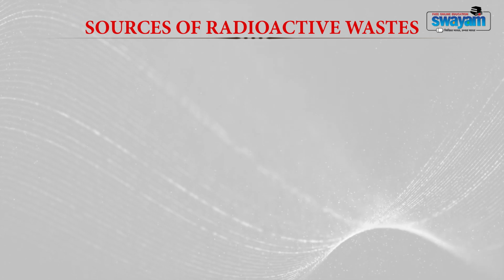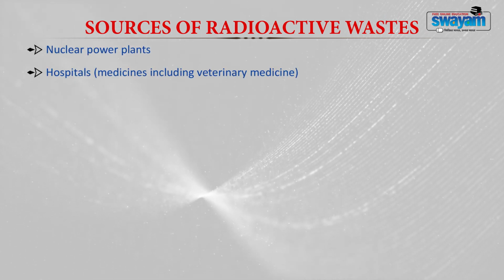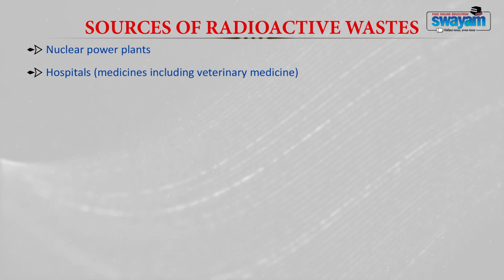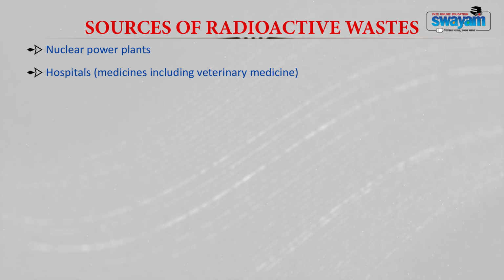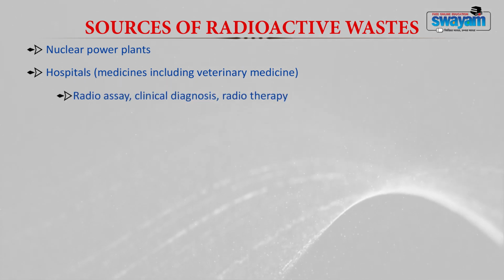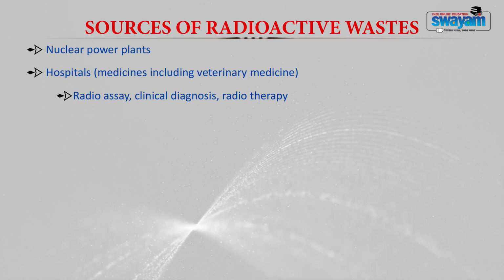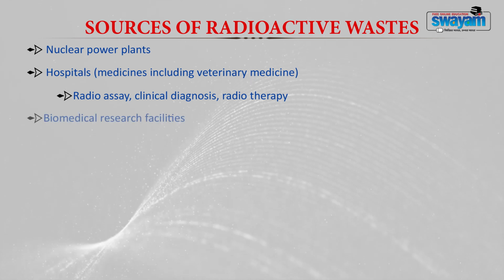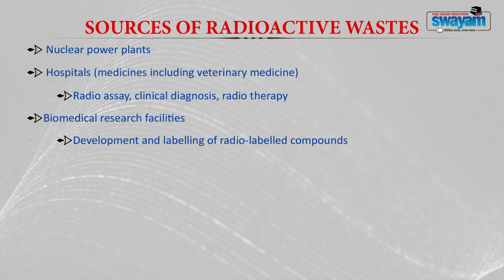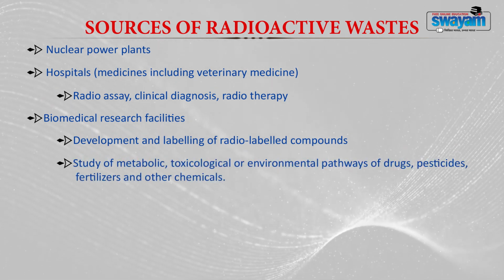These sources include nuclear power plants or nuclear power stations, our hospitals or medical facilities, even medicines including veterinary medicines, radioassay, clinical diagnosis, radiotherapy. They all may have radioactive materials. Then biomedical research facilities, development and labeling of radio-labeled compounds, study of metabolic processes or pathways.